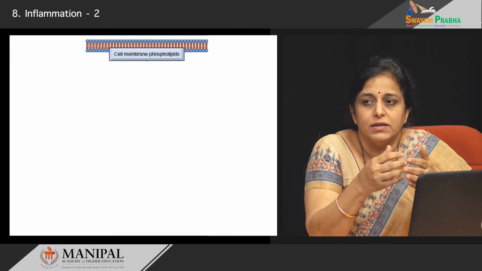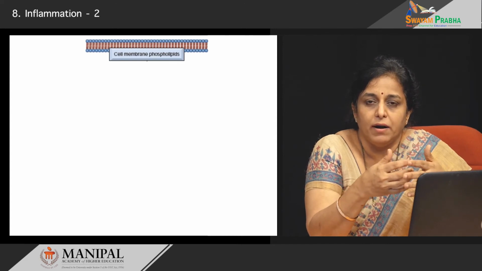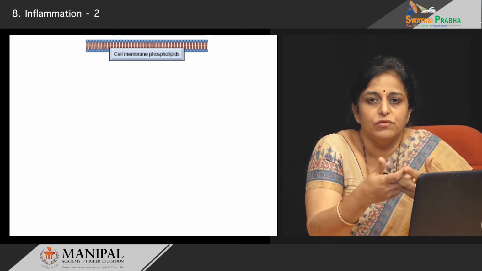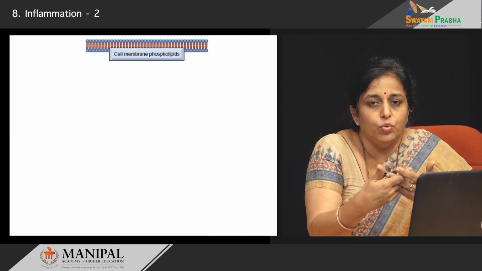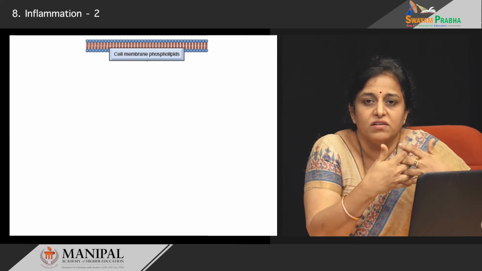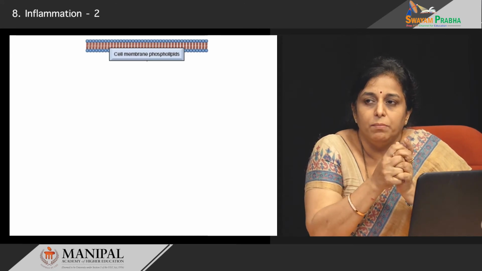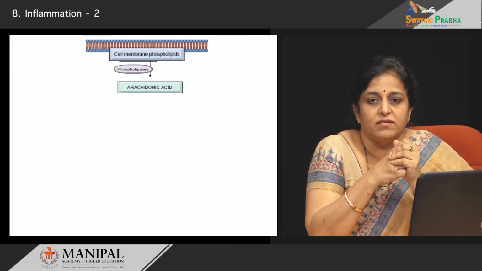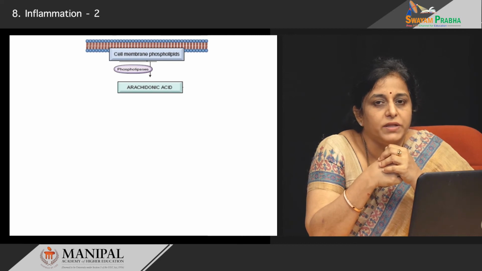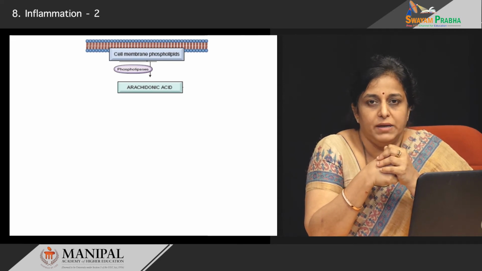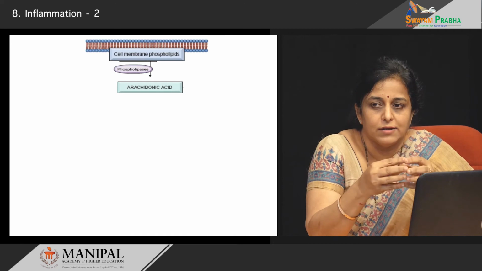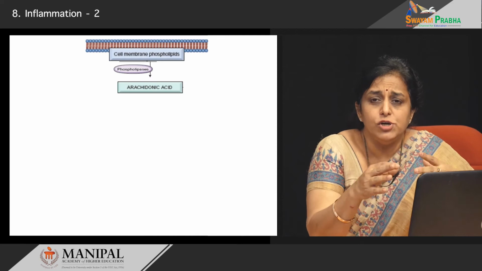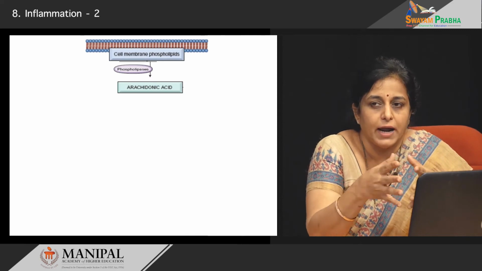Whenever there is inflammation, apart from releasing the preformed mediators, these immune cells also start producing new chemical mediators to sustain the inflammation. Now, the membrane phospholipids are converted to arachidonic acid, and this process is brought about by the action of the enzyme phospholipase. So, this arachidonic acid that is formed from phospholipids takes two pathways, actually three pathways, the third one being not that important.